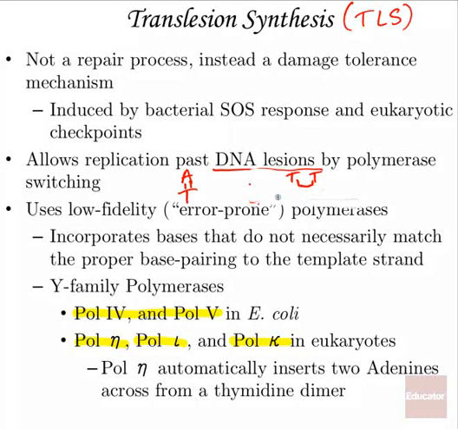So what it does is this pol eta says, oh, I see a TT, whatever. I'm just throwing two A's in there and continuing on my synthesis. So luckily we have kind of a fail-safe for that so that we can get through this process. But it's error-prone. It doesn't necessarily know that those are two T's.